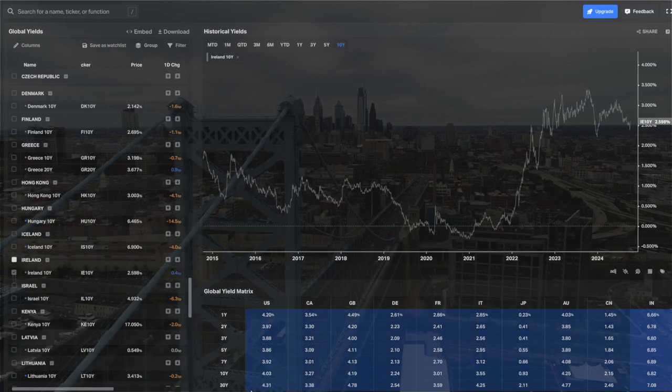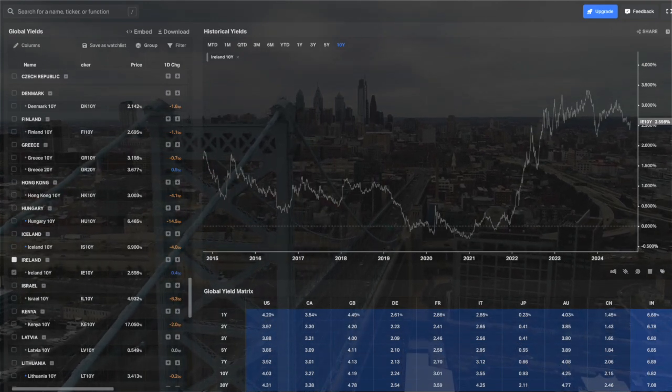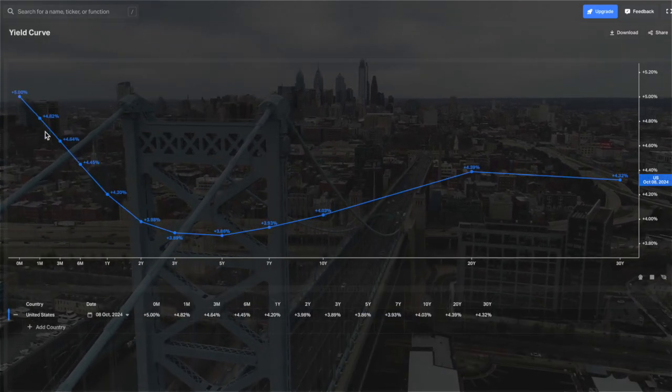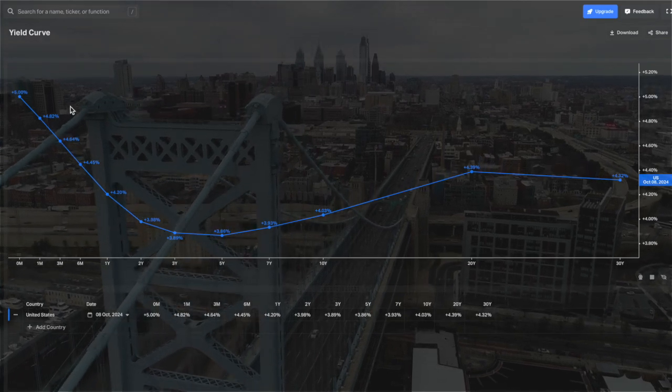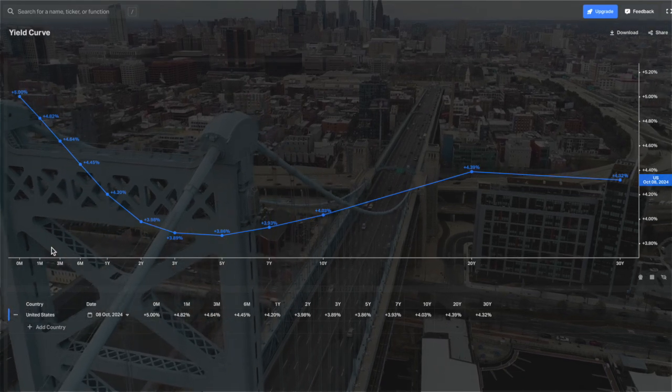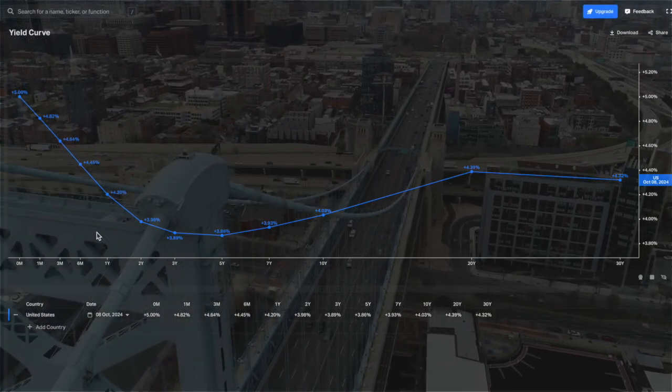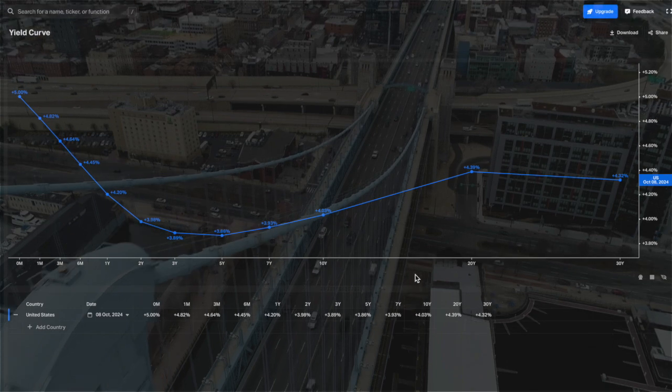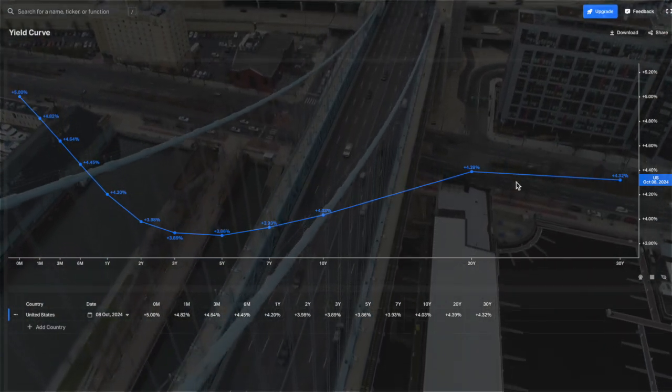However, sometimes what happens, and this is called the yield curve, and we'll see this in a later video, is that you have a representation right here. This is called an inverted yield curve, right? It should be very straight. The longer you wait to get your money back, the higher the yield.